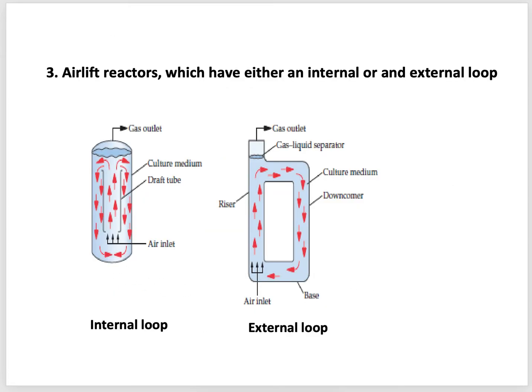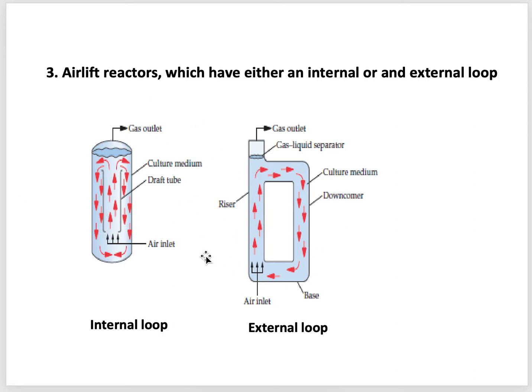Then the third type of bioreactors, airlift bioreactors. These are almost like the bubble column bioreactors, but there are some basic differences in the design. Because of the differences in the design, the flow or mixing achieved in airlift bioreactors is different.